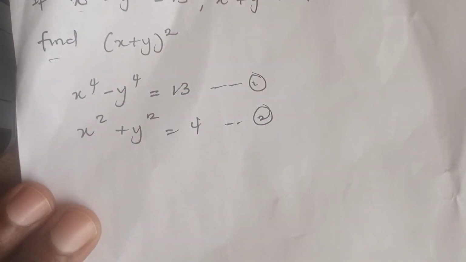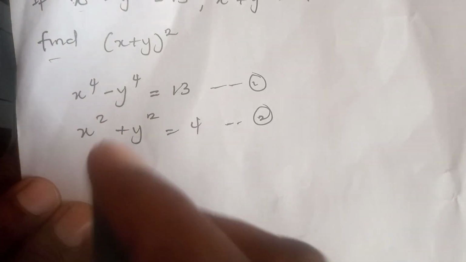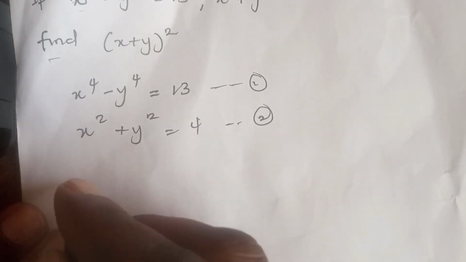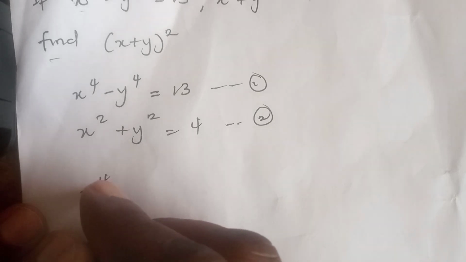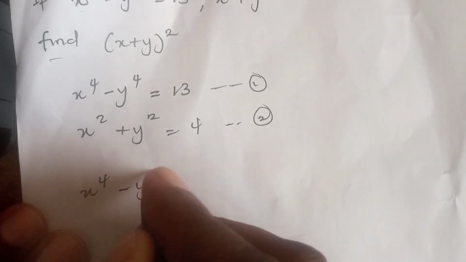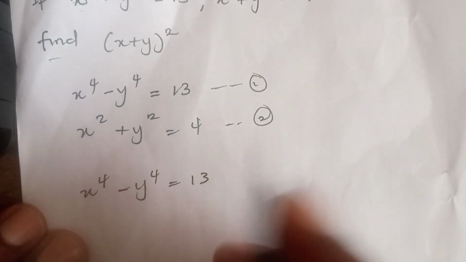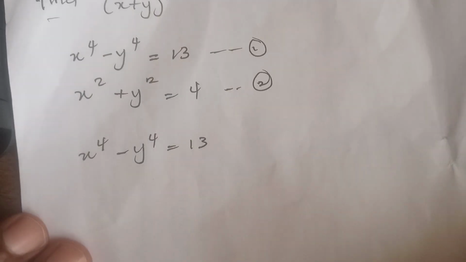I'm going to start from equation 1: x to the power 4 minus y raised to power 4 equals 13. Now let's look at this.